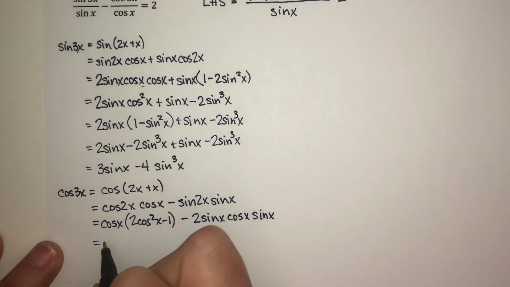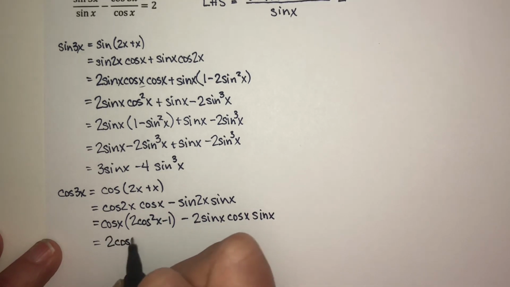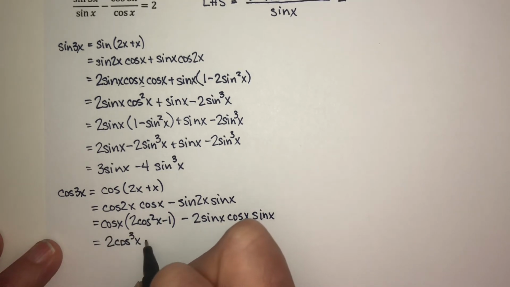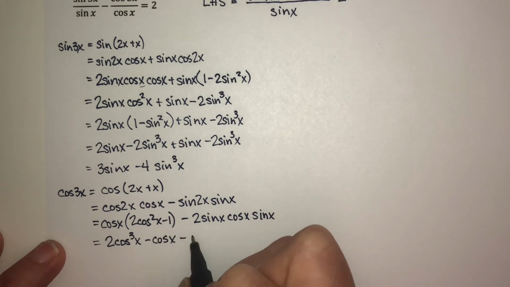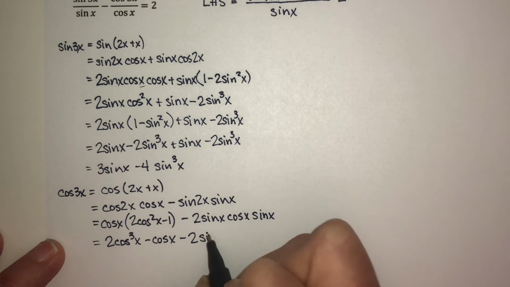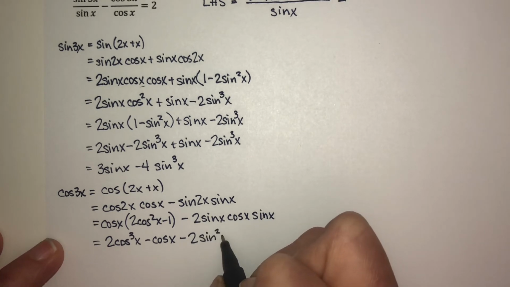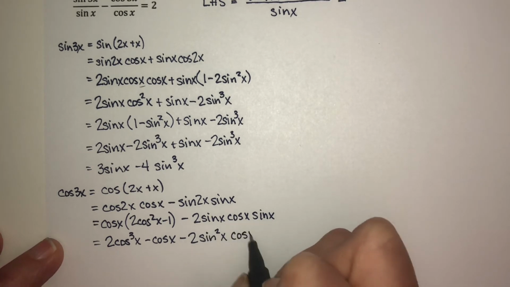So distribute, I have 2 cosine cubed of x minus cosine x minus 2 sine squared of x cosine x.